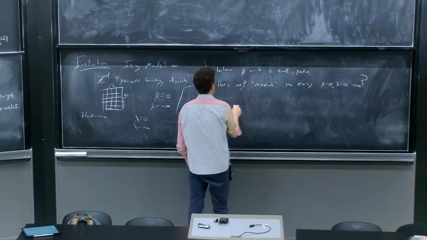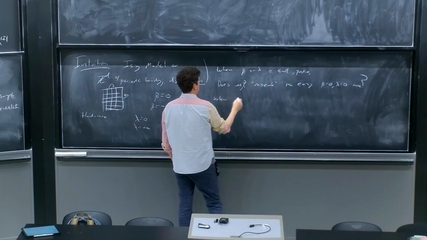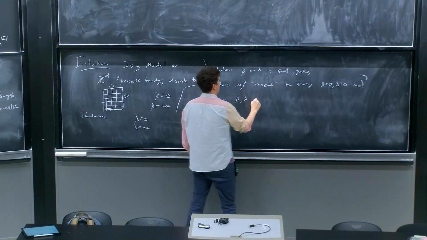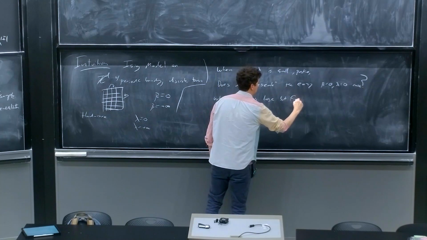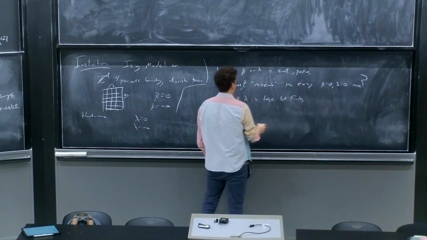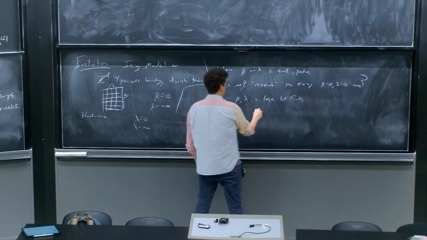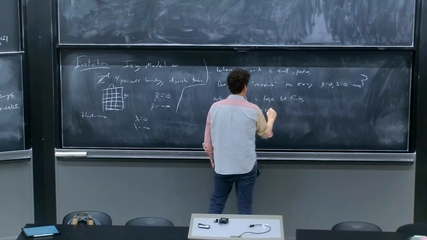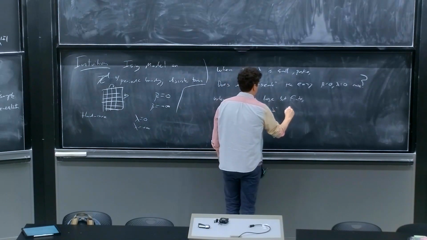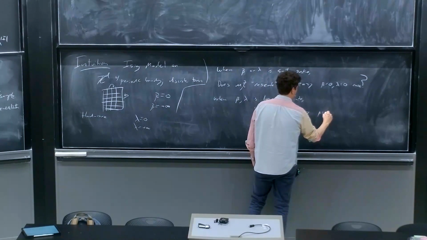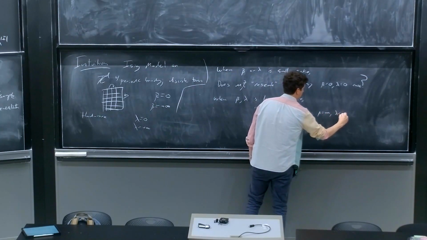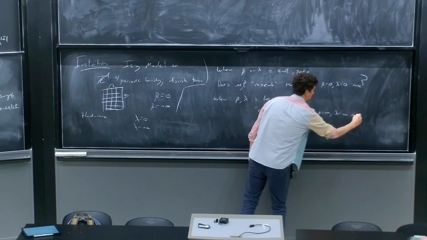And conversely, when beta or lambda is large but finite, do mu and Z resemble the easy beta equals infinity, lambda equals infinity case?